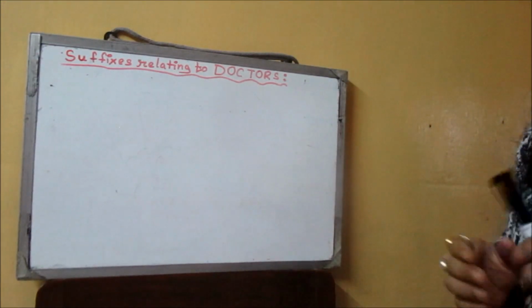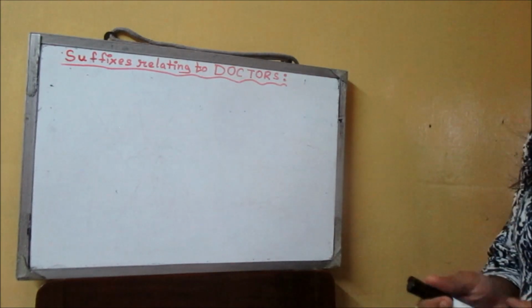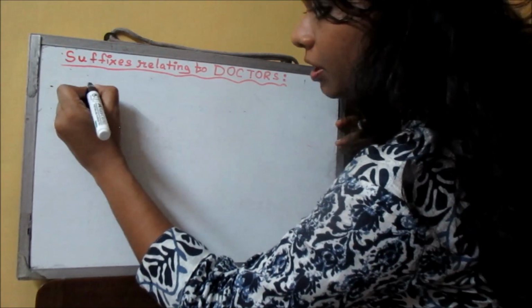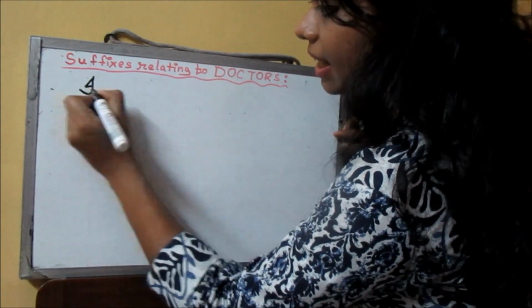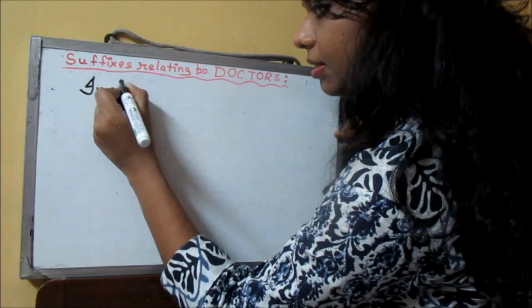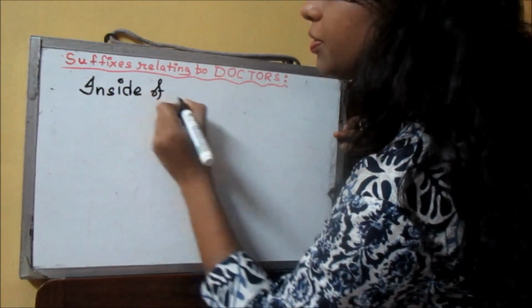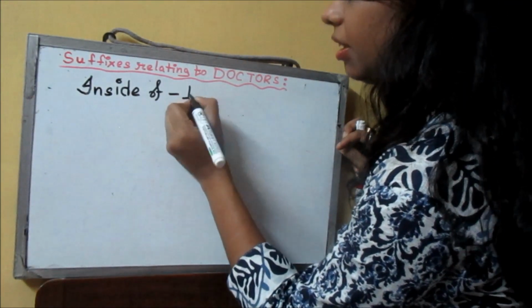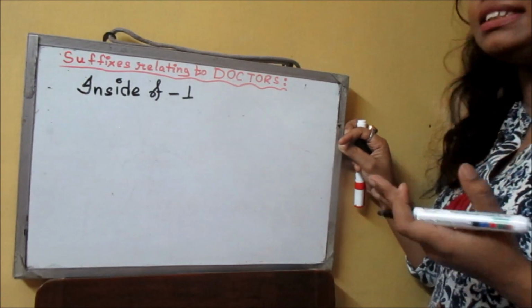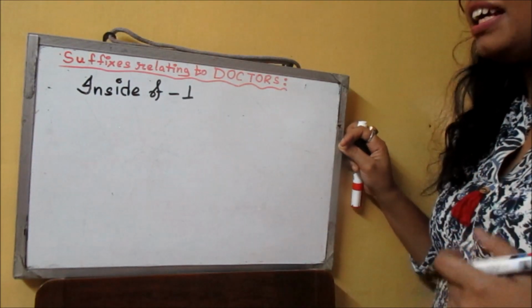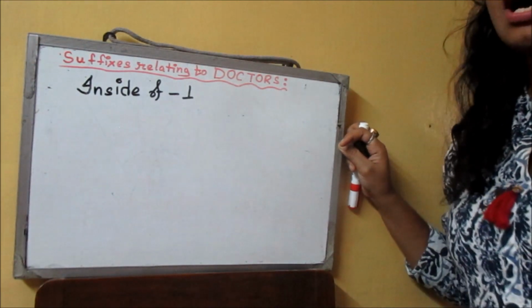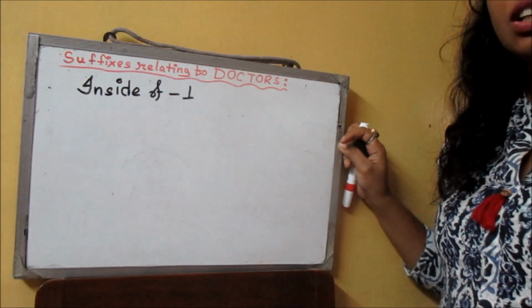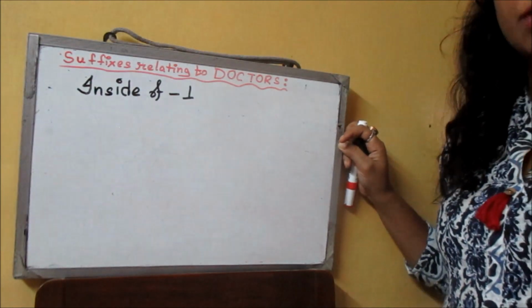So we will talk about internal, something that is on the inside of our body. When we talk about inside of, we are talking about internal. Internal means things that are inside something, like our heart, our kidneys, our digestive system, everything in the internal part of our body.